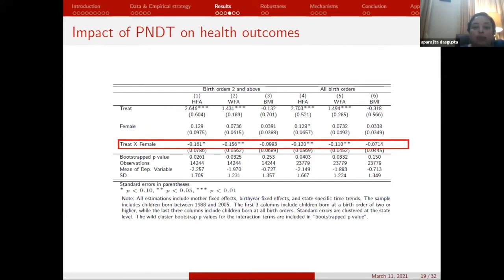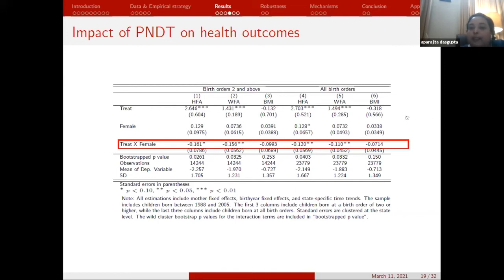Coming to health outcomes, objective biomarkers, we find that this is very stark: the exposure to PNDT leads to negative health outcomes. This is the relative difference between females and males. The height actually goes down disproportionately more for the females post ban.